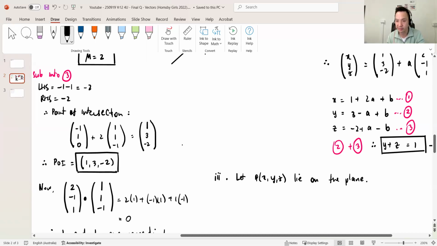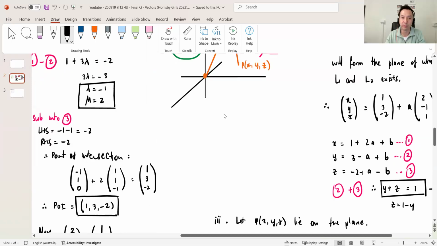Now, since in this case z equals 1 minus y, the coordinate is x, y, and 1 minus y.